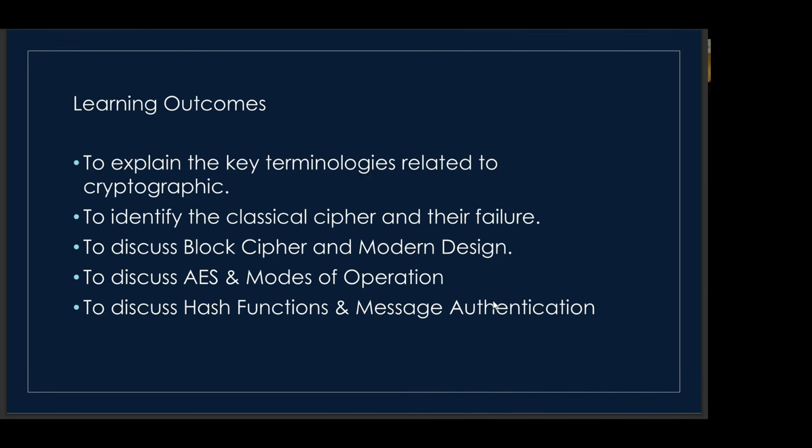Okay, for this chapter, this is the learning outcome. After you complete this chapter, you should be able to explain the key terminologies related to cryptography. And then I will give you some examples where these cryptography algorithms are used in the IT environment. And then to identify the classical ciphers and their behavior.